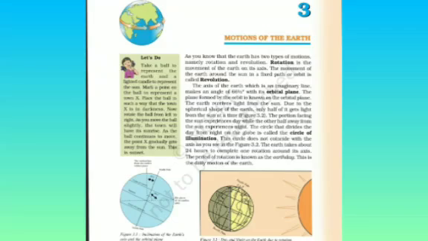Okay, now second is revolution. What is it? The movement of the earth around the sun in a fixed path or orbit is called revolution.